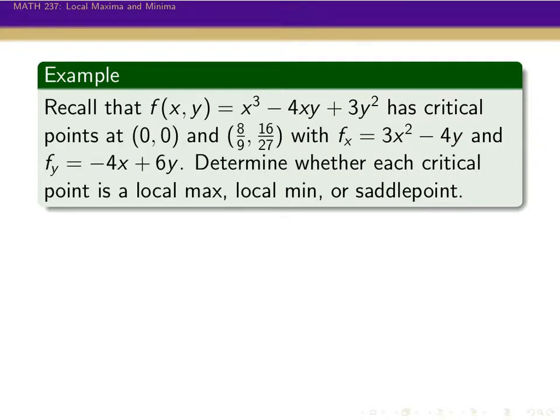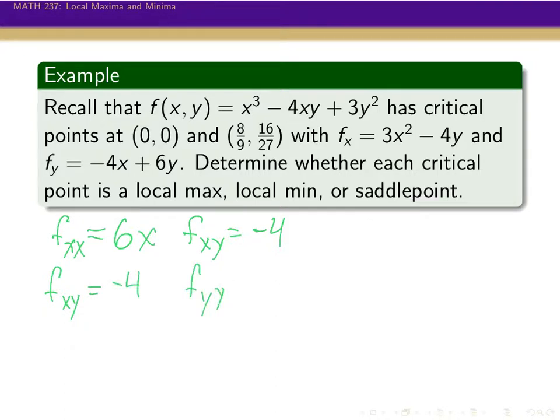So let's figure out our second order partials. f_xx is going to be 6x. f_xy, if I take the partial in terms of y, I'm going to get minus 4. So f_yx, or f_xy, is still going to be minus 4. And then two partials in terms of y is going to give me 6.